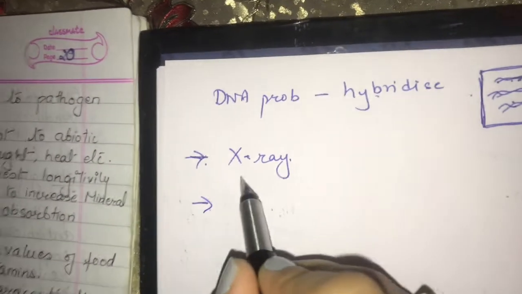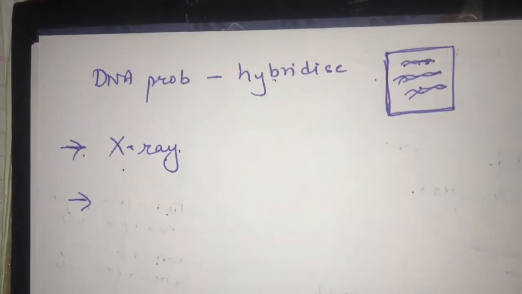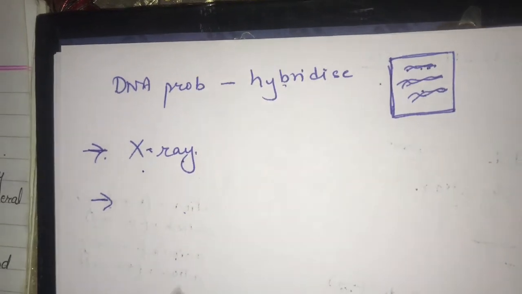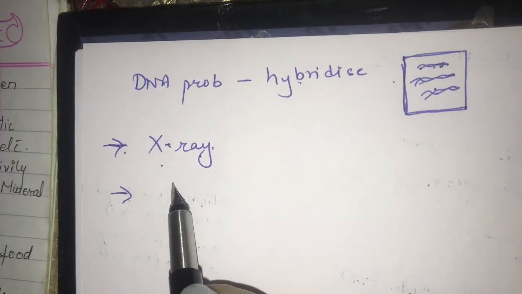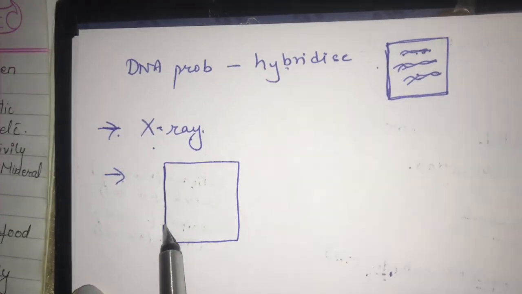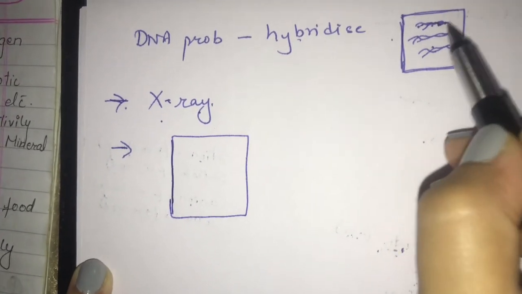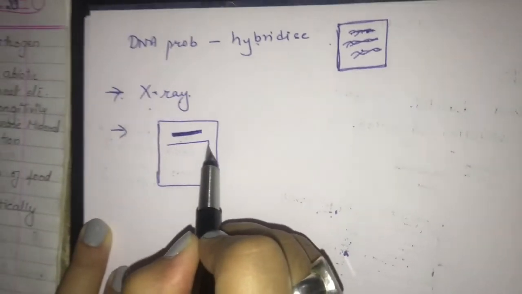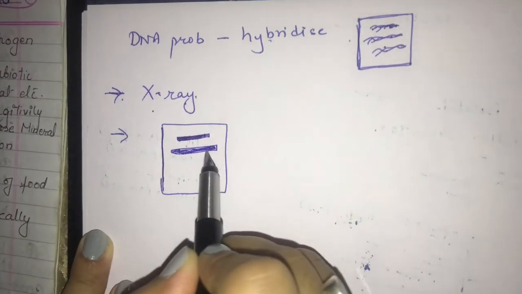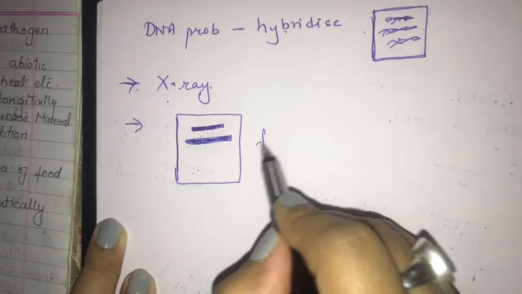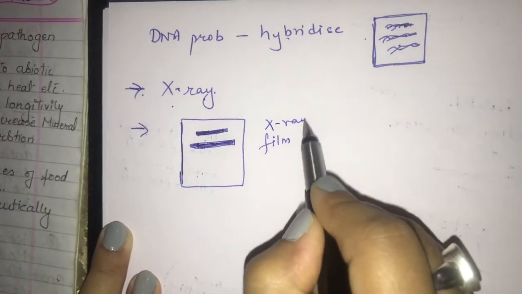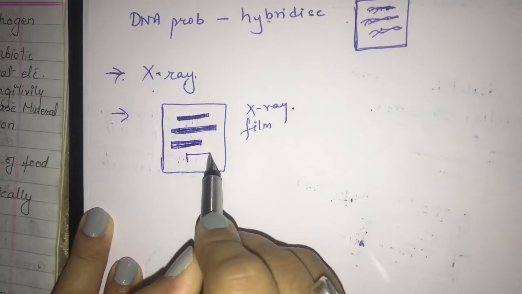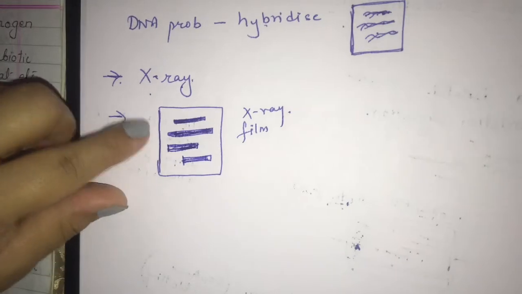When it is exposed to X radiation, a dark band appears when the X-ray film develops, indicating the position of DNA fragments. So, when the X-ray film is produced, the DNA fragment which is hybridized with the DNA probe will appear as a dark band in that position, like this in this X-ray film, indicating the position of DNA.